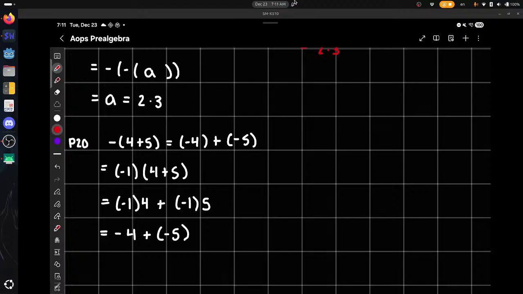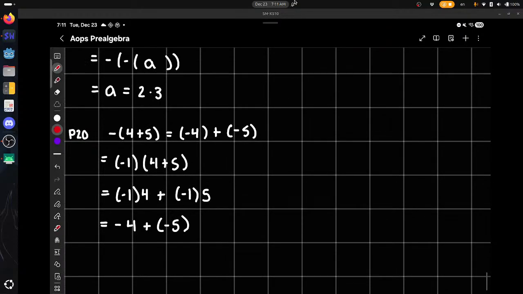So when we expand, or no, when we factor this expression, we're left with this, and now we can distribute the negation 1. And this is how we get the same answer.